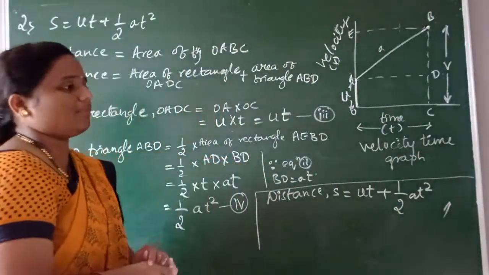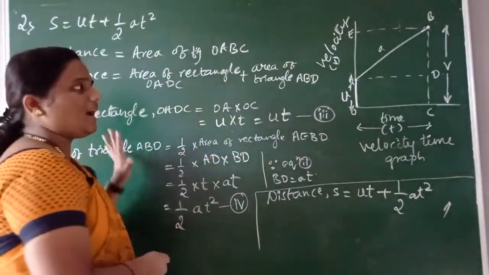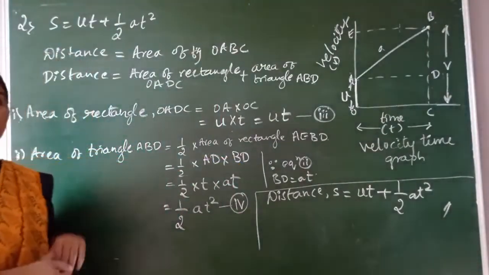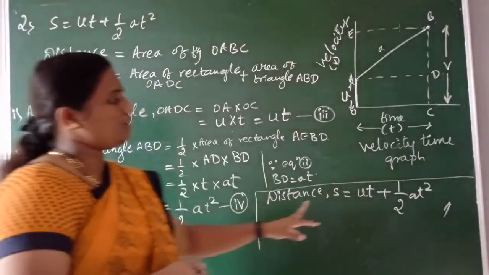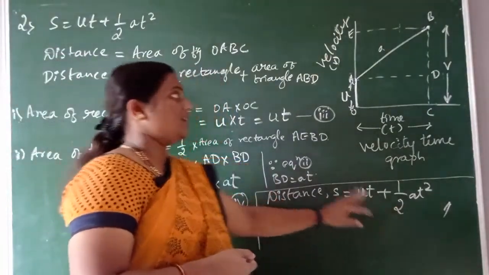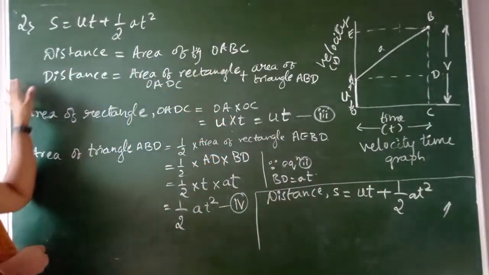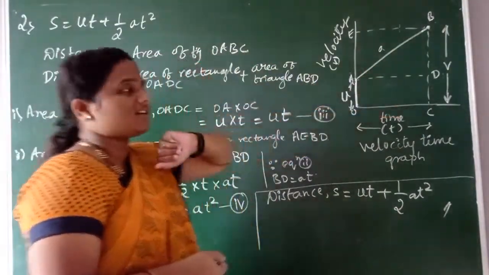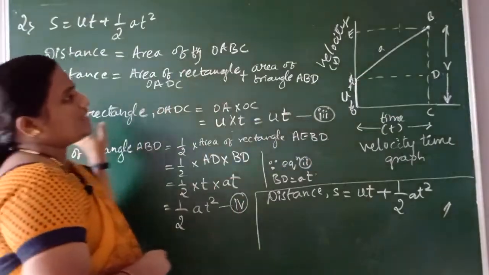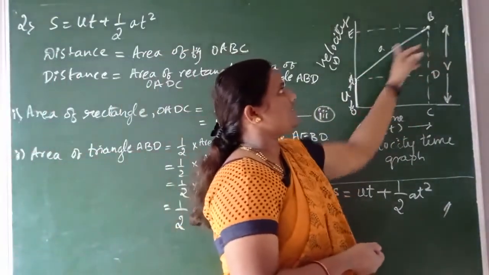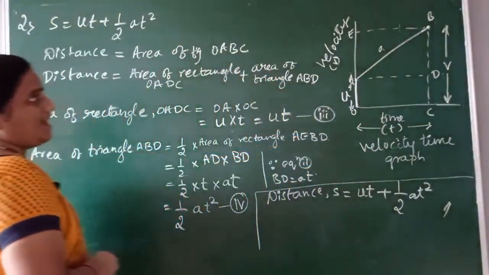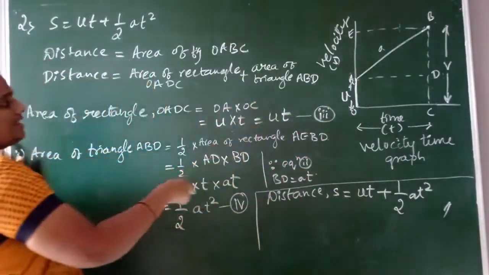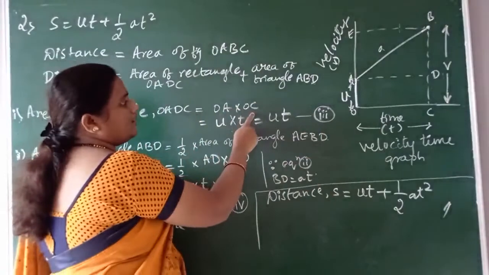It is found to be true. Got it, children? How to derive the second equation of motion? First, take the distance as the area of figure OABC. It consists of the area of a rectangle and the area of a triangle ABD. The area of rectangle OADC is length into breadth, OA into OC.